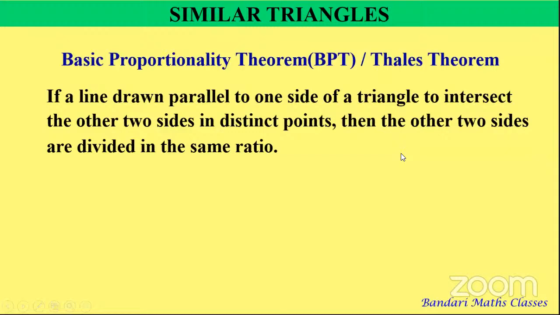If a line is drawn parallel to one side of a triangle, any one line drawn parallel to one side of a triangle to intersect the other 2 sides in 2 distinct points, then the other 2 sides are divided in the same ratio.